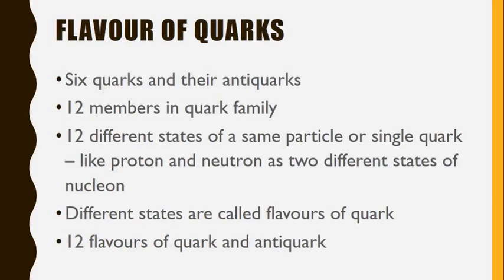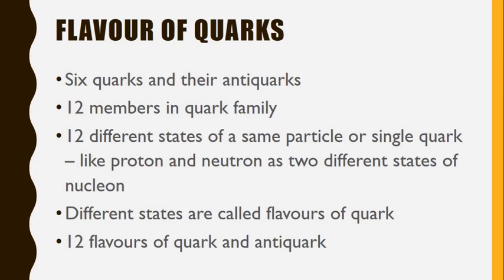Now the next topic regarding quarks is the flavor of quarks. We know that this quark family consists of 6 quarks, but when we consider a particle family, that consists of its antiparticles also, isn't it?